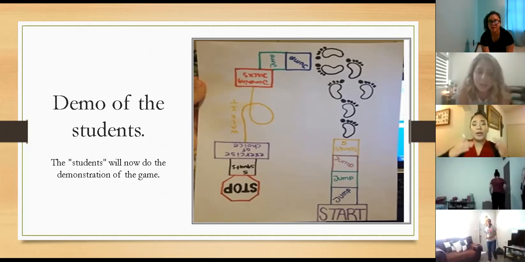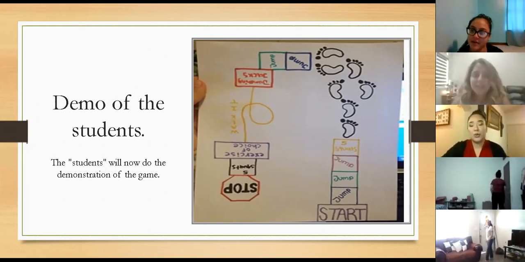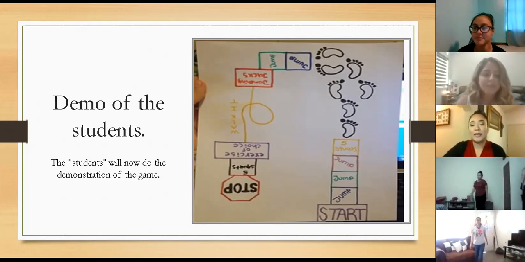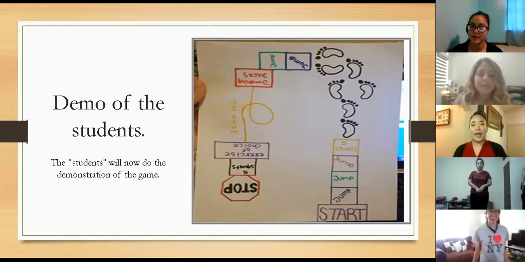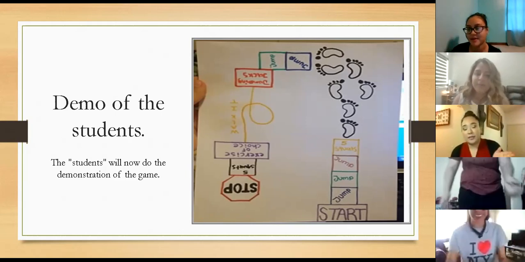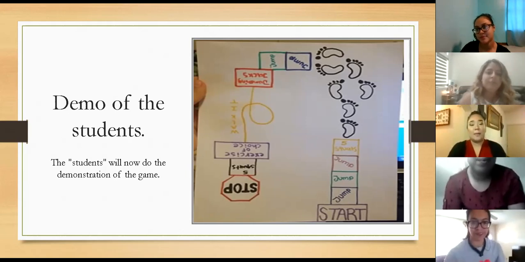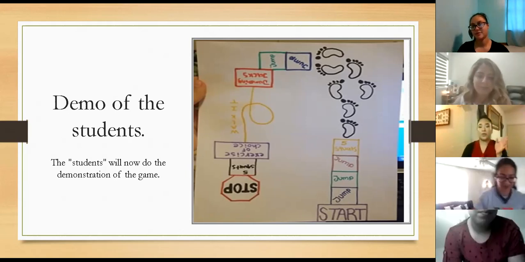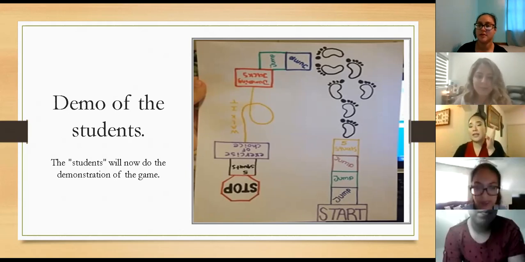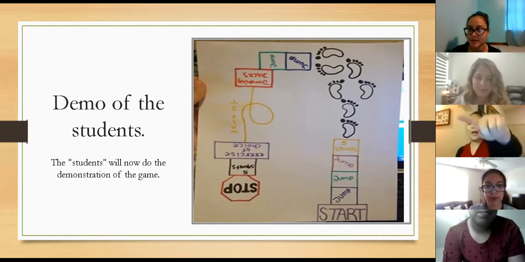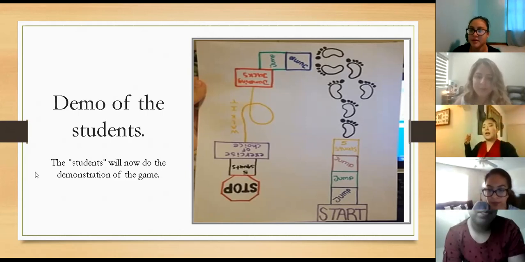So this is more just an example of what we had to do, just following the circuit that everyone did. The idea of this lesson was that one person was going to be standing at the stop sign, and the rest of the students are going to be standing at the start, from each group.